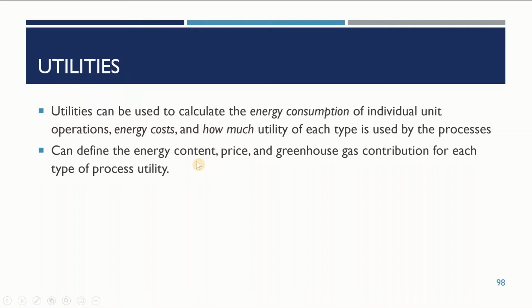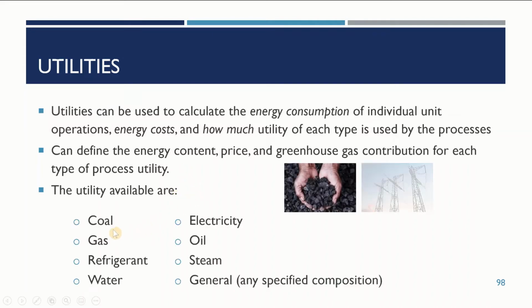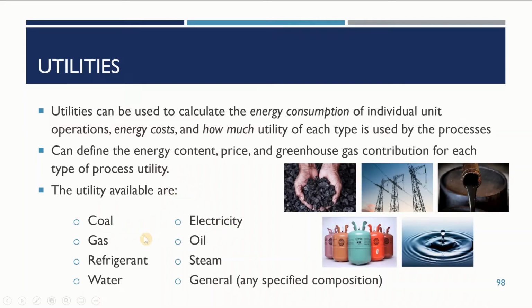You can define the energy content, price, and greenhouse gas contribution for each type of process utilities. The available utility types in ASPEN Plus are as follows: coal, electricity, gas, oil, refrigerant, steam, water, and a general type of utilities, which the user can specify the component.